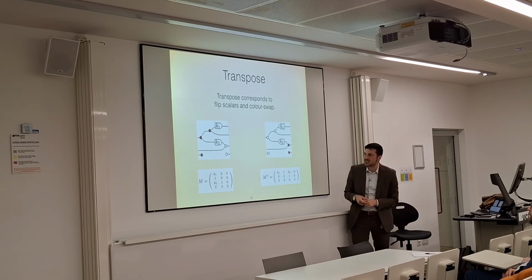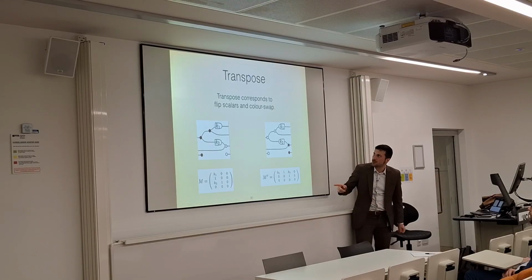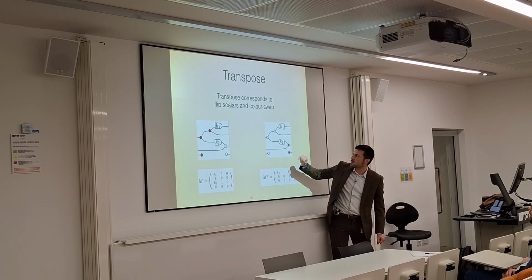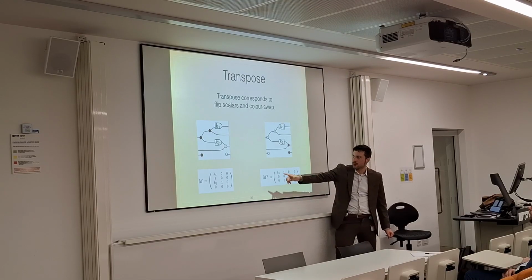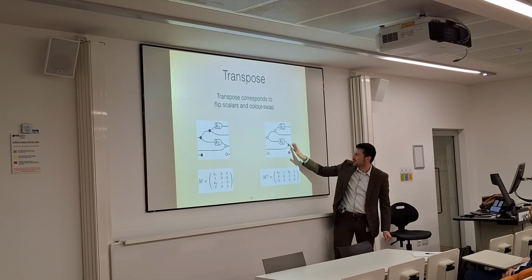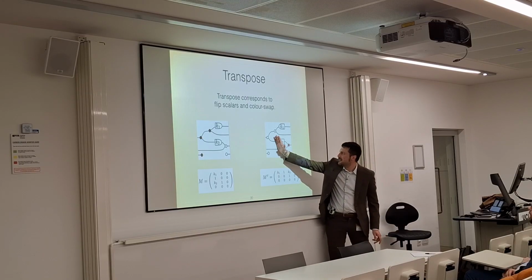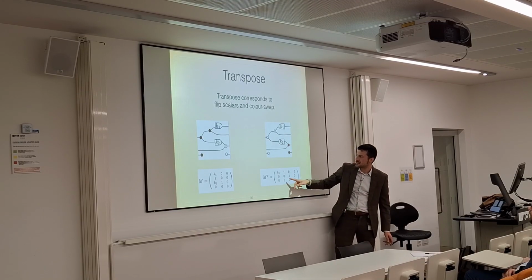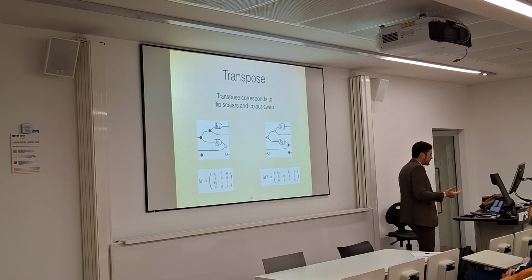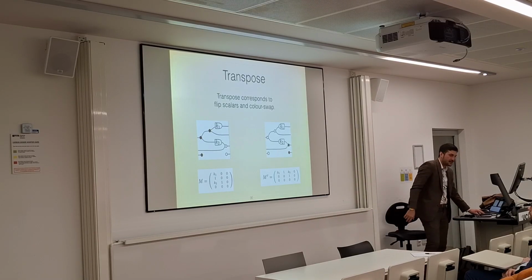So what is transpose graphically? Transpose corresponds to flipping scalars and swapping colors. So I have a matrix, all the black becomes white, all the white becomes black, and now if I read this in this direction, this is precisely the transpose matrix of that matrix there. So just another symmetry that is present in the theory.